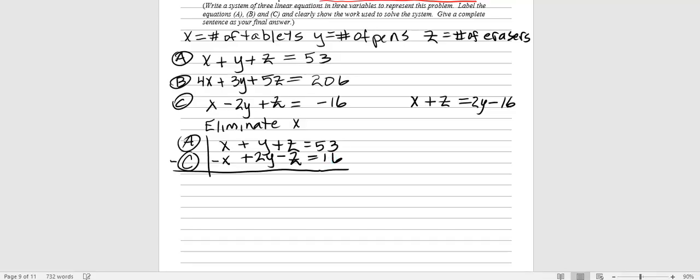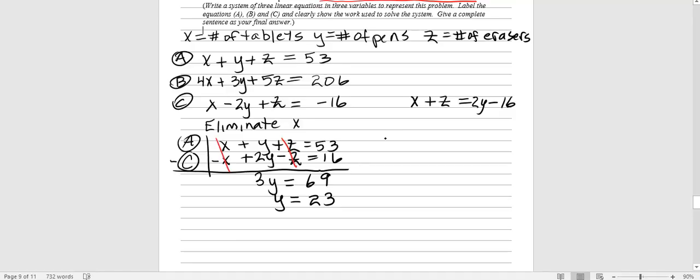And I notice that when I do this, the x's and the z's drop out. And I'm left with 3y equals 69. When I divide both sides by 3, y is 23. So I have y right off the bat just by using two of the equations.